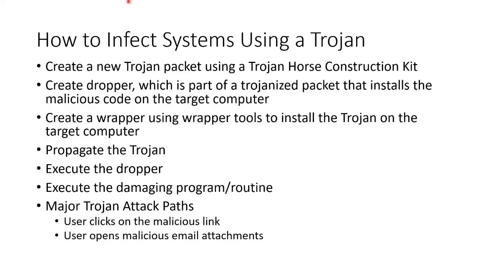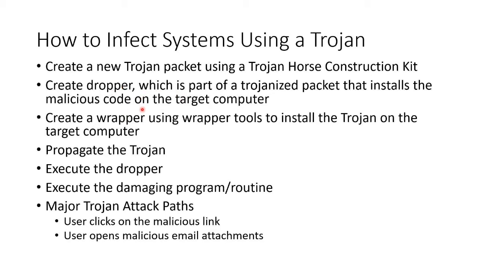So when you build your own Trojans, you need a construction kit or a wrapper, whatever you want to call it, that will package this all up for you. So we create a new Trojan packet using a Trojan horse construction kit, also known as a wrapper. You can install malicious code using the dropper, and different tools have different terminology.